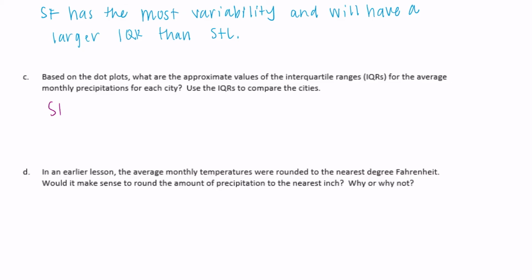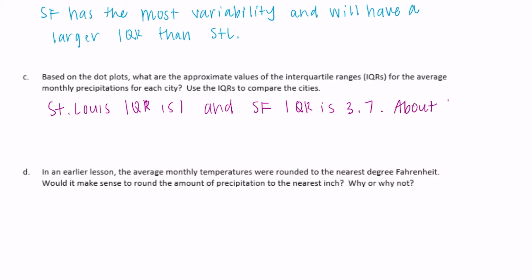St. Louis IQR is 1, and San Francisco IQR is 3 7/10. So about half the monthly, so about half of the middle half. Let's reword that a little bit.